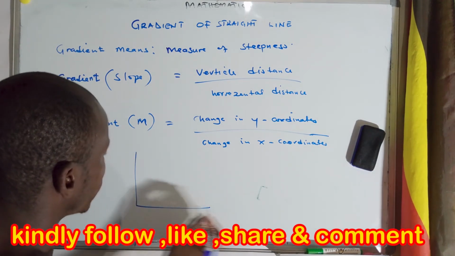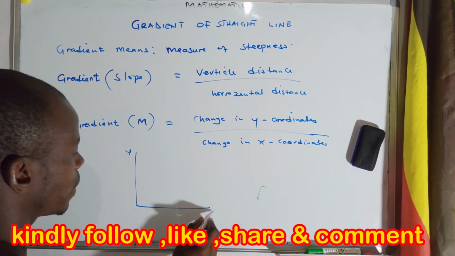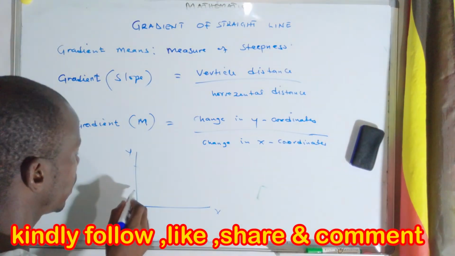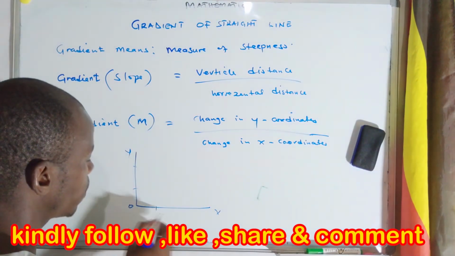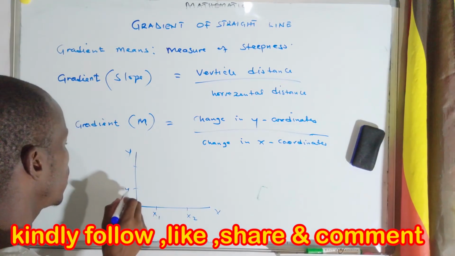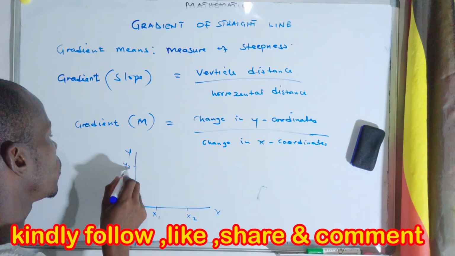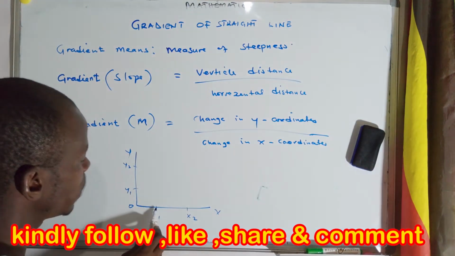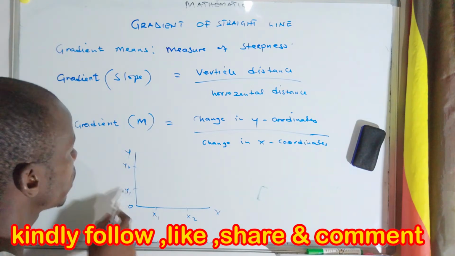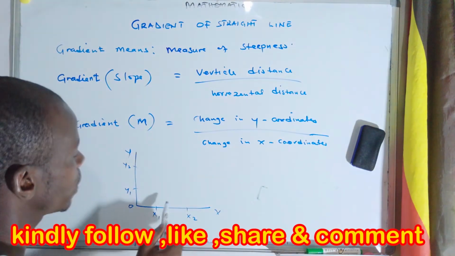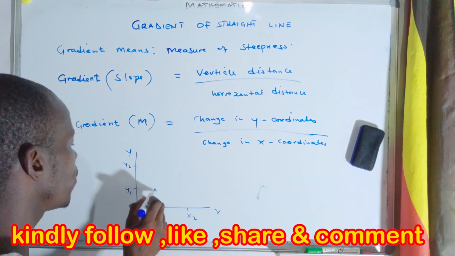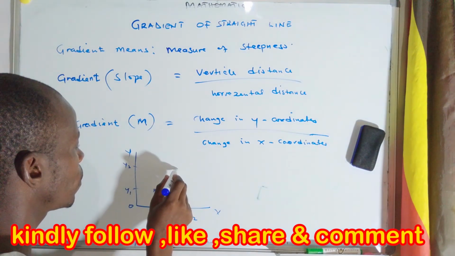This is our graph. So this is y, this is the x coordinate, this is 0. For example, you have points here, this is x1, this is x2, this is y1, this is y2. So change in y coordinates over change in x coordinates. We plot the first point x1, y1, and the second point x2, y2.